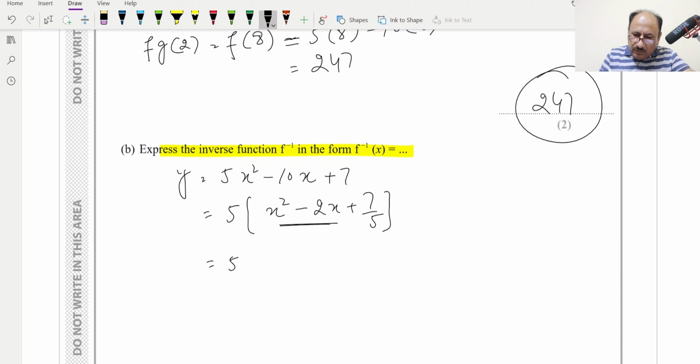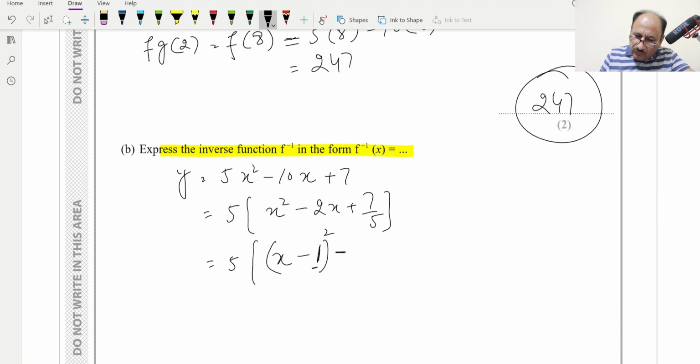So this one we can write as x minus the coefficient of x divided by 2. So 2 divided by 2 will be 1, so we will write here 1, and whatever sign is over here, we copy this sign over here, and then we will write the square of this one, and this will always be minus.